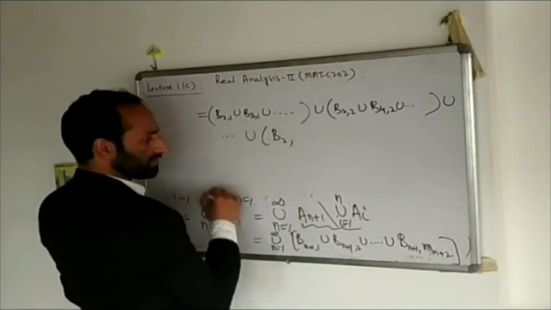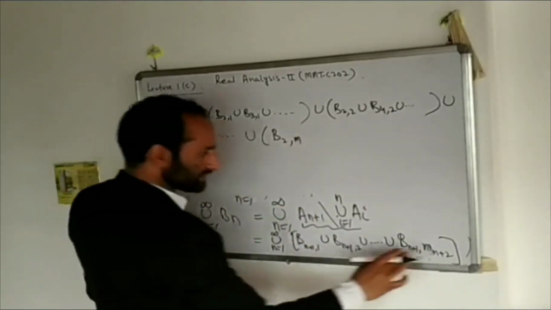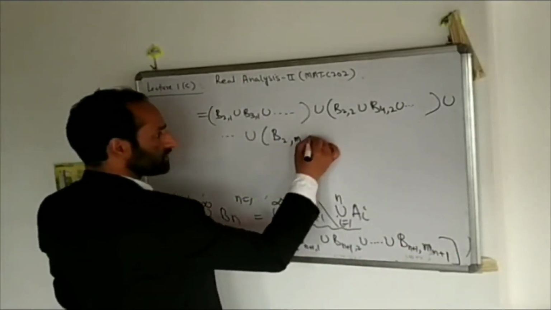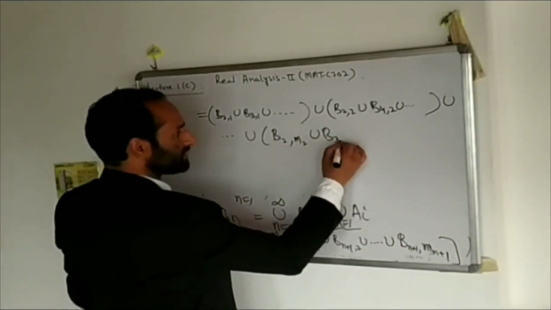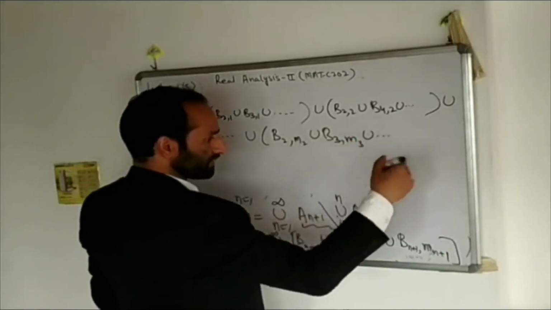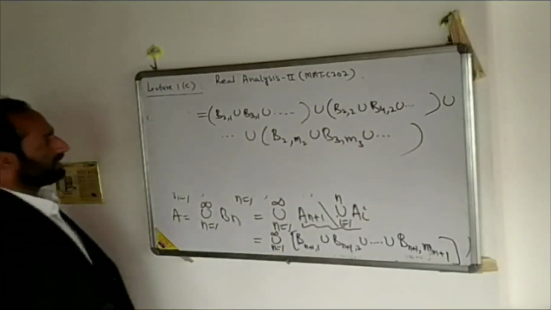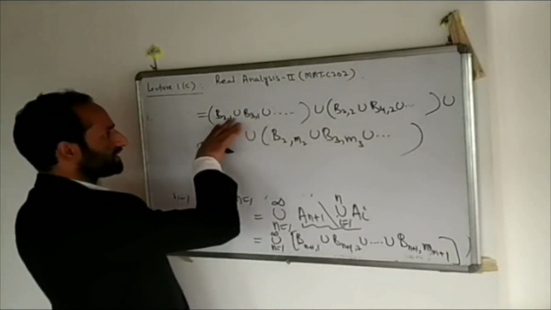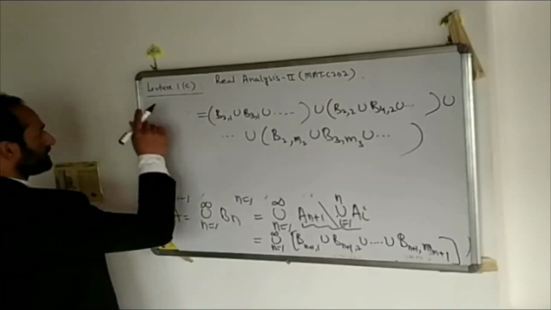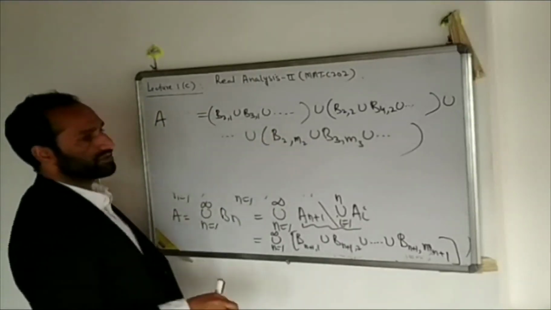So it's B(2,m2) union B(3,m3) union, so on, up to infinity. One can easily verify that they are actually pairwise disjoint. All the sets are pairwise disjoint. Therefore, this A is equal to a countable union of disjoint members of S.